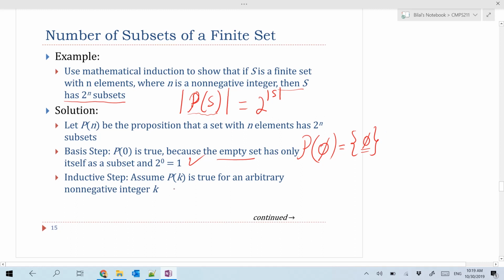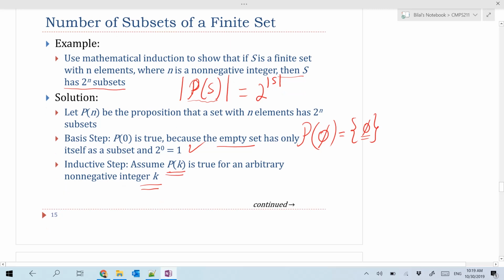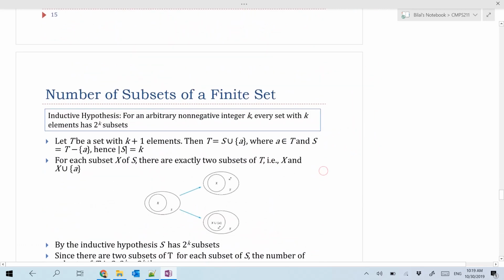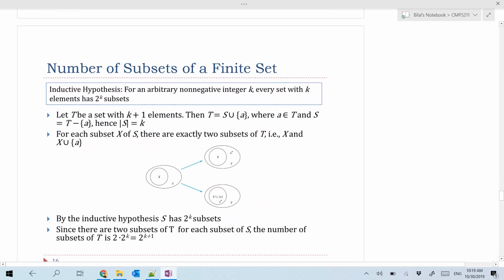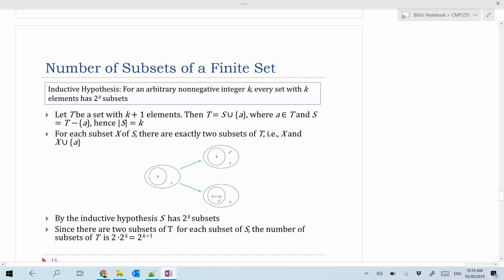Well, the inductive step is to assume that the property is true for a set of size k, and to check whether the power set of a set with one additional element, I mean a set with size k plus 1, is equal to 2 to the power k plus 1. So in fact, this is easy to show with a diagram.